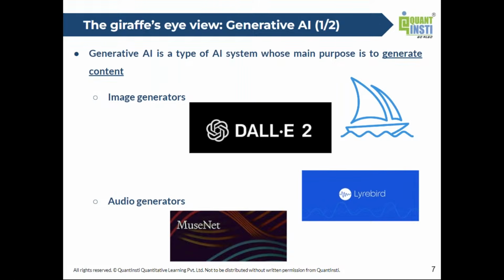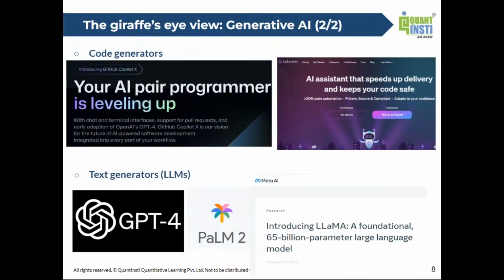Then there's DALL-E, which is one of the products released by OpenAI, the same firm that has released ChatGPT. You have Midjourney, you have Stable Diffusion, which are image generators. Similarly, you also have audio generators. Again, many products out there. MuseNet is again from the stable of OpenAI. You have Lyrebird. You also have these days code generators.